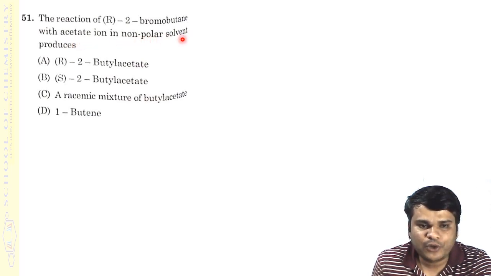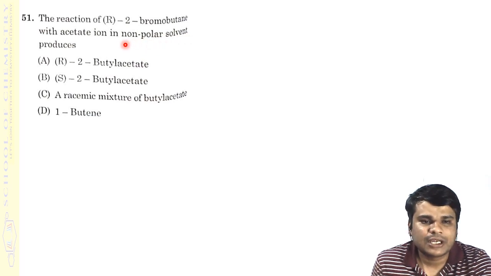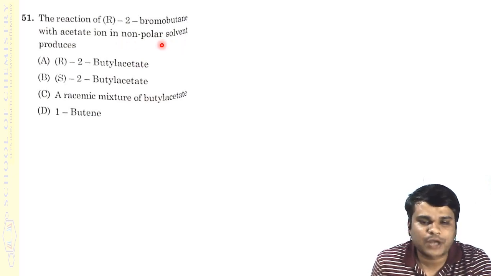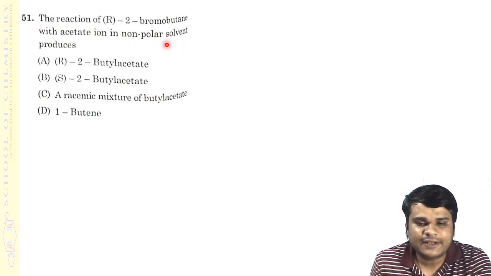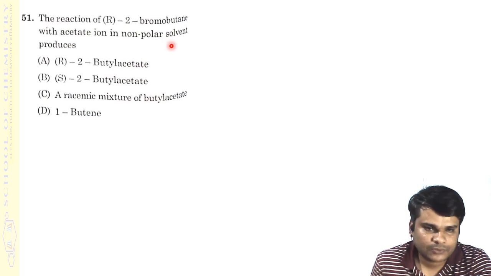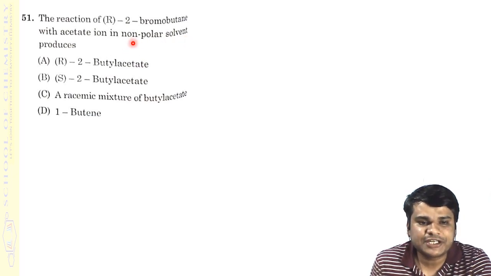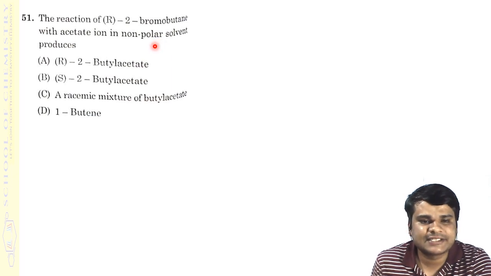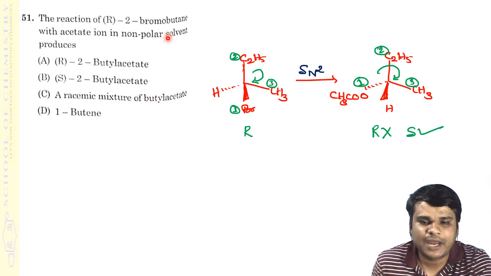The non-polar solvent is very important here, because it indicates that the SN2 mechanism should happen. A polar solvent would favor the SN1 mechanism, but because it is a non-polar solvent we should consider the reaction mechanism as SN2. The product on SN2 of 2-bromobutane is to be identified.